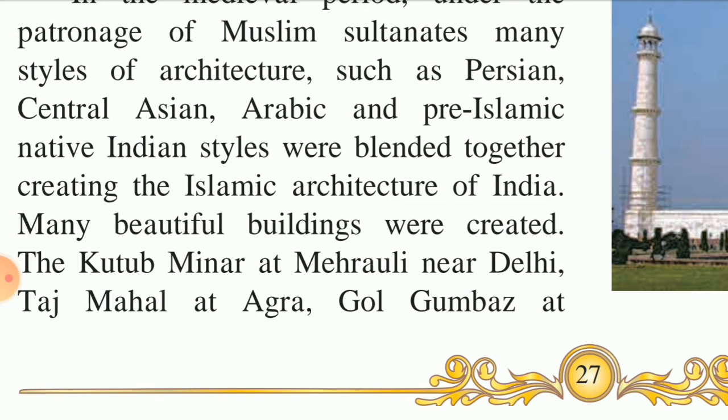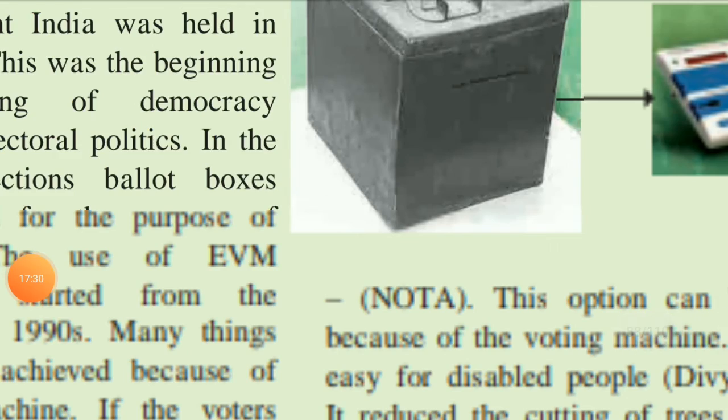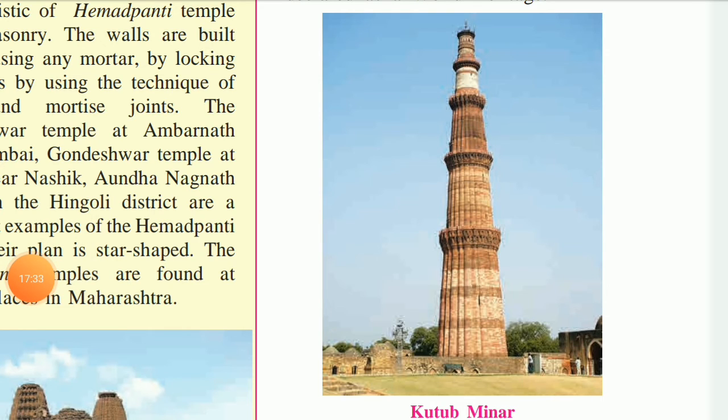Many beautiful buildings were created. The Kutub Minar at Mehrauli near Delhi, Taj Mahal at Agra, and Gol Gumbaz at Bijapur in Karnataka are world famous examples of these. You can see this beautiful structure.